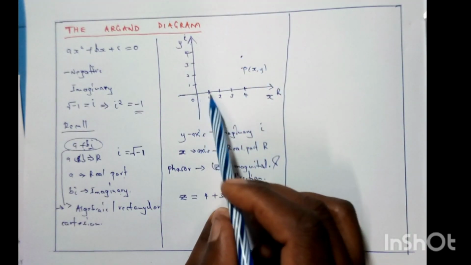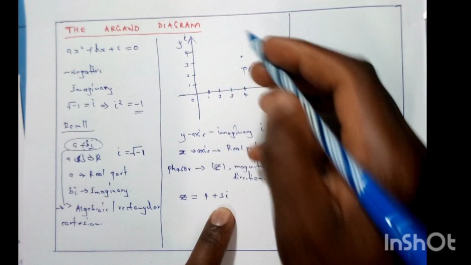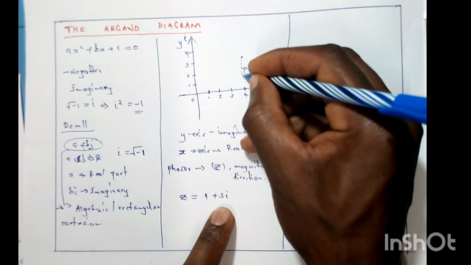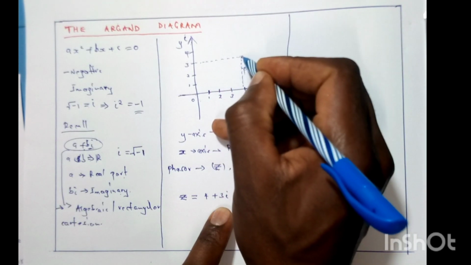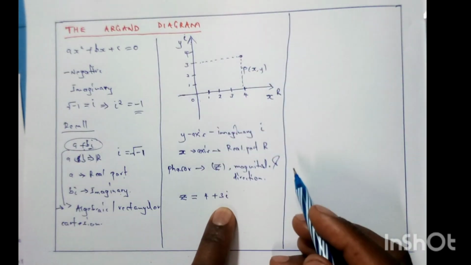So this is going to be 4 and 3. This is going to be an intersection between these specific parts.